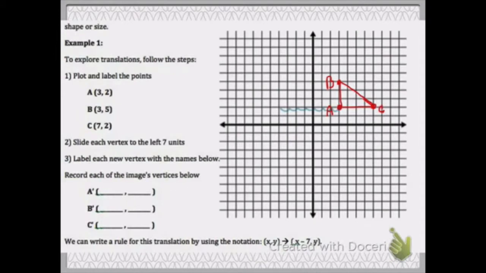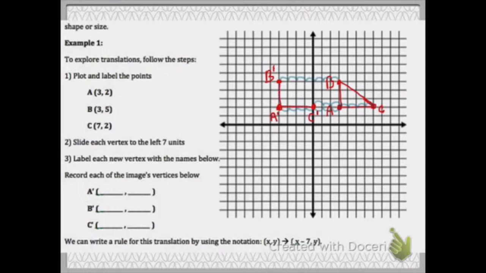And so that tells me where to put the image of A. So I label that with a capital A with an apostrophe to show that it's the image of A. Then for B, again, I'm going to count 7 units to the left, and put the point for the image of point B. Capital letter B with the apostrophe to show that that's the image of B. And I'm going to count 7 units to the left for C. Capital letter C with an apostrophe to show that it's the image.